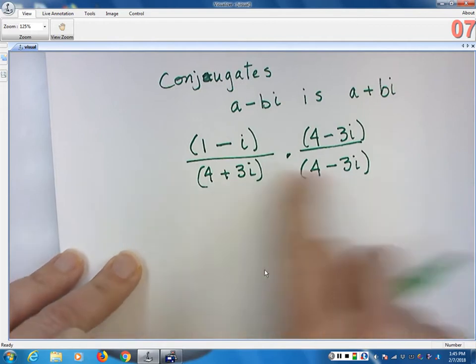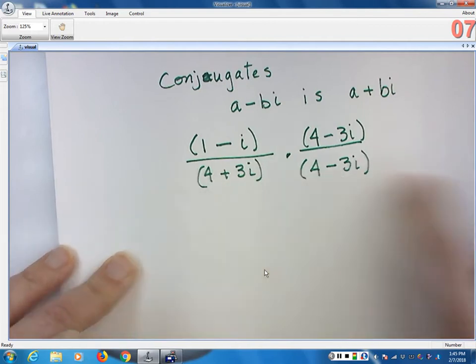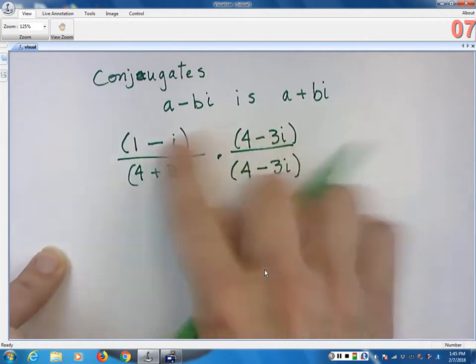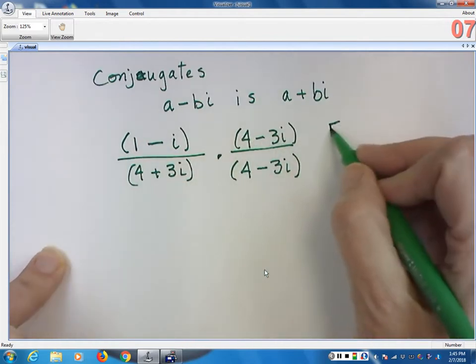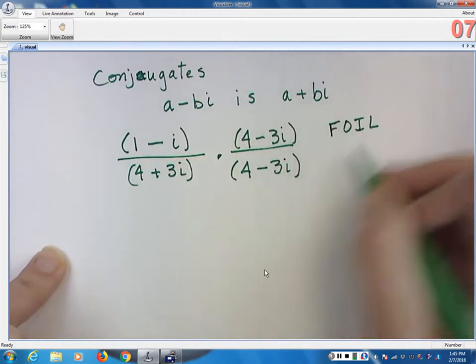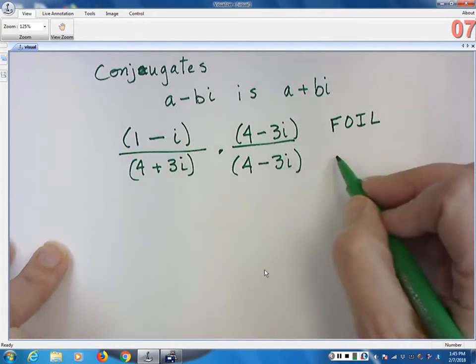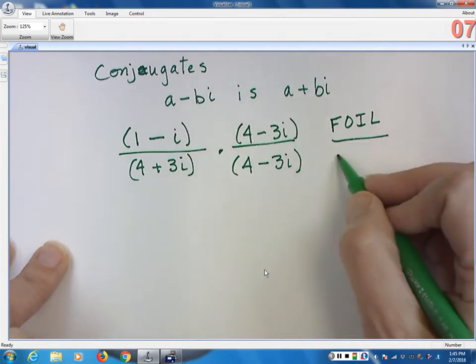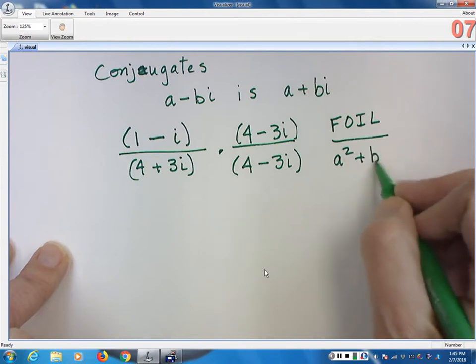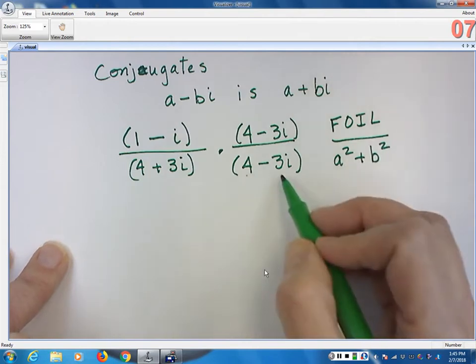And this will always be, when you multiply you're going to FOIL the top, and on the bottom you should memorize that the bottom is going to be A squared plus B squared, where A is 4 and B is 3 here.